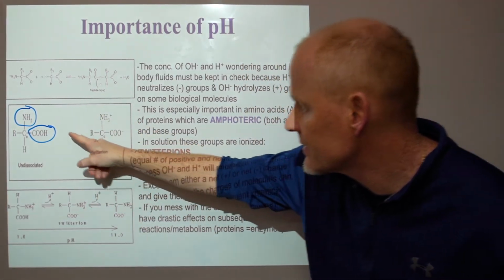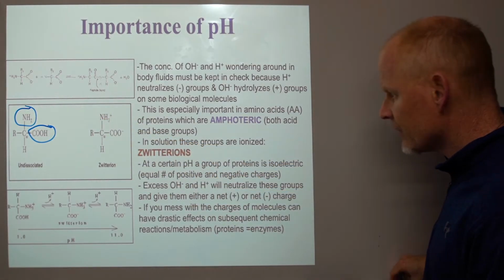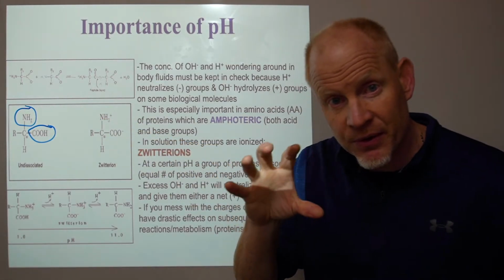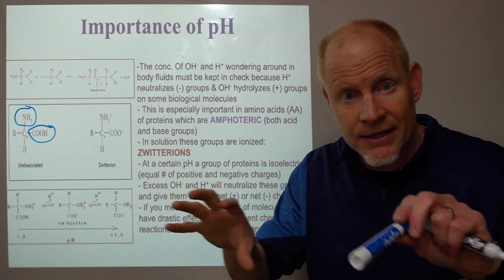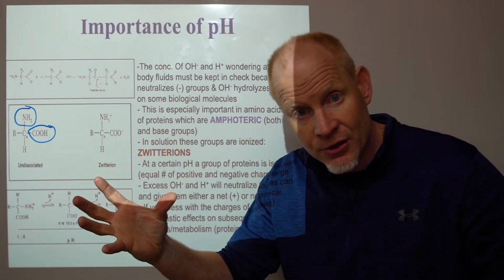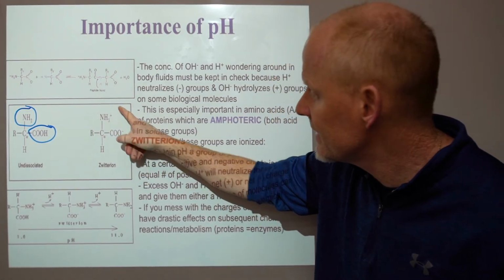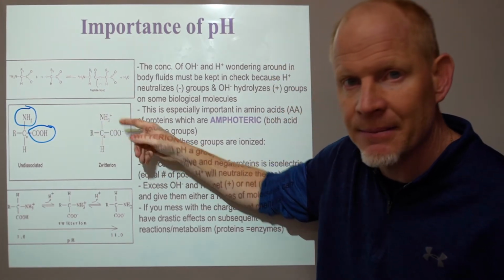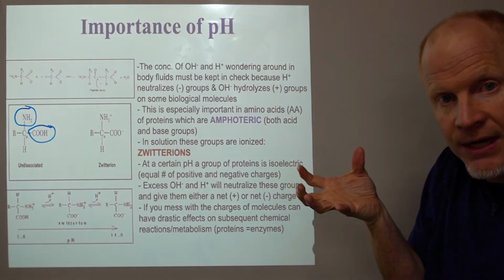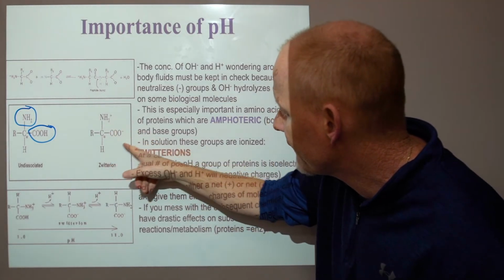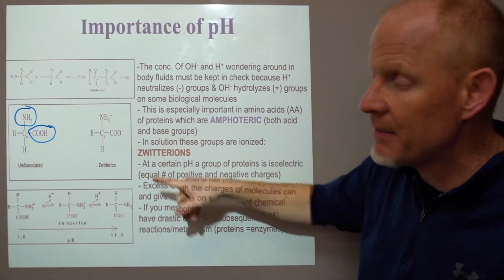When you put it, if I dissolve this in water, what's going to happen is, remember, water also is always splitting, right, into a proton and a hydroxide, right? Notice what the NH2 does. It absorbs one of those protons and becomes positive. That's the basic end because it absorbs protons, right? Where this gave off a proton, didn't it? It becomes negative.